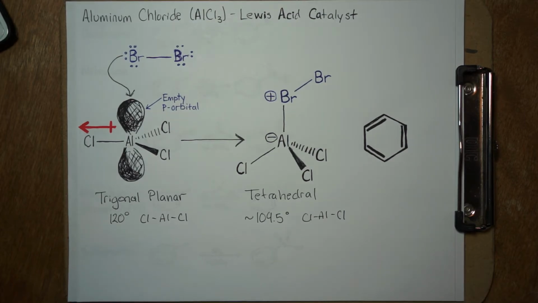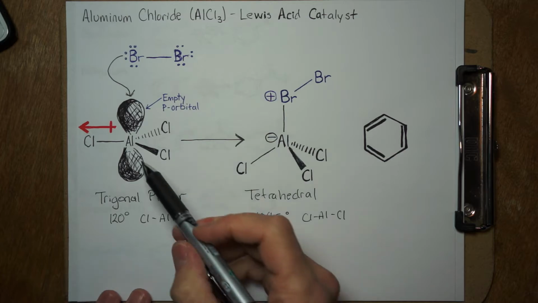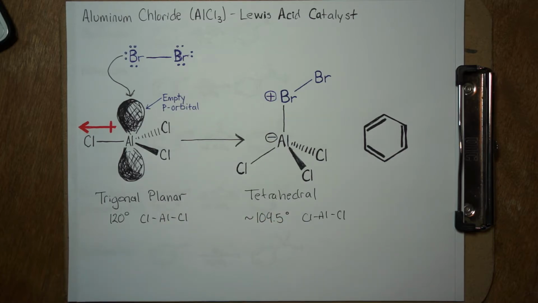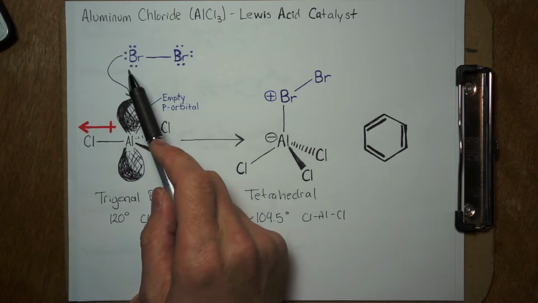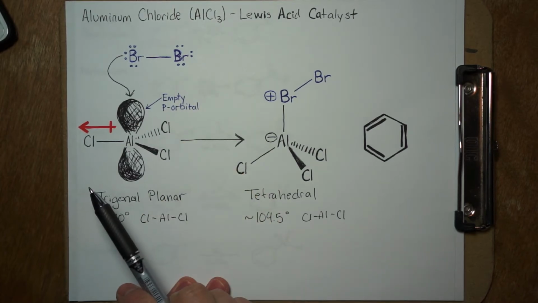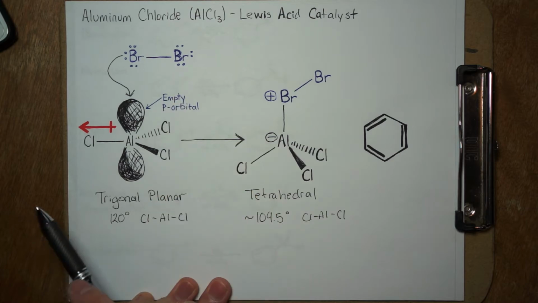So it's important to understand that geometry change from the perspective of aluminum chloride being a Lewis acid, starting out trigonal planar, with that empty p orbital available to anything that can donate electrons. All right, but we want to think about the reactivity of the product that's formed. In molecular bromine, this is a non-polar bond.